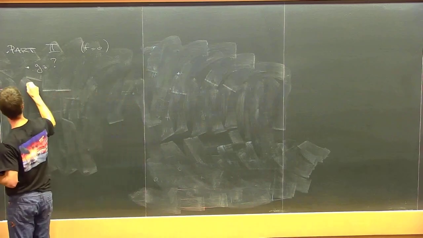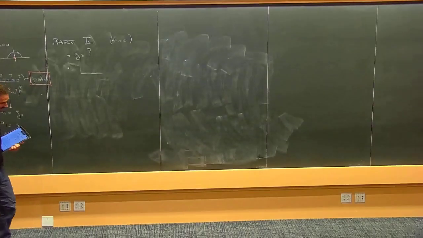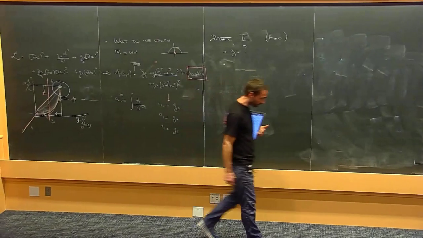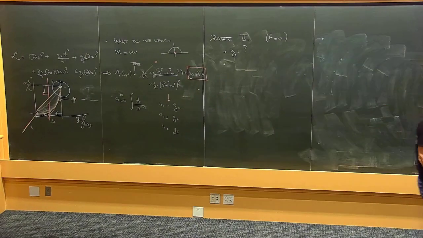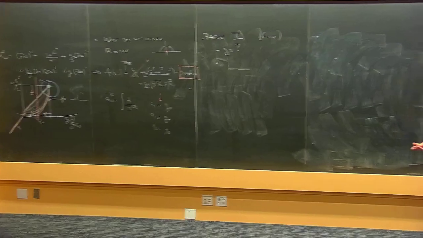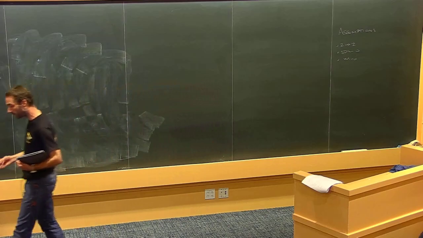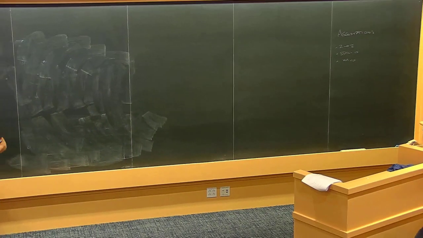There's another aspect here. When we discussed unitarity, we used only the optical theorem, the fact that the imaginary part of the amplitude is bigger than 0, but there's much more there.